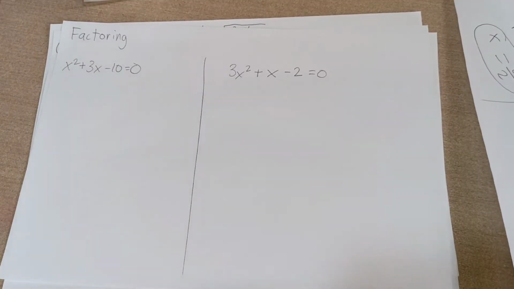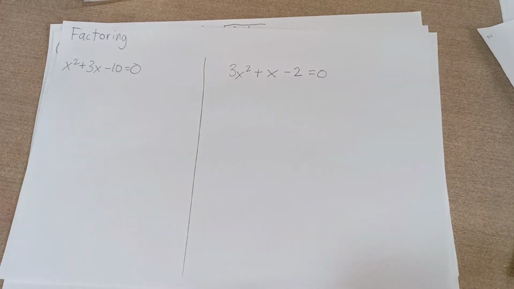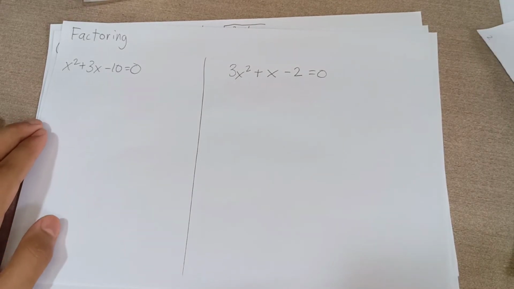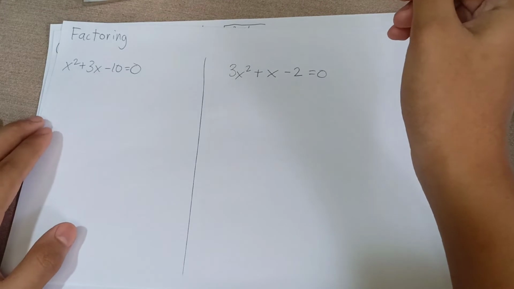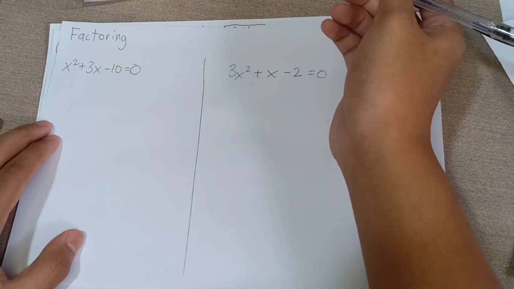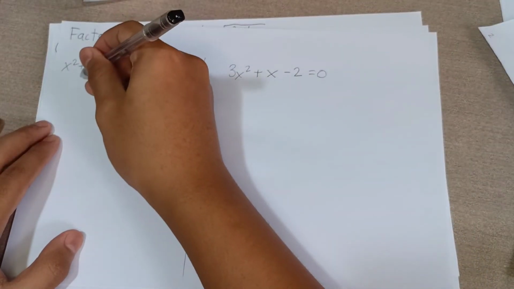Our second method is factoring. We can use factoring if our equation has the usual form of a quadratic equation. On this first equation, our technique is to find the factors of negative 10 that will have a sum of positive 3.